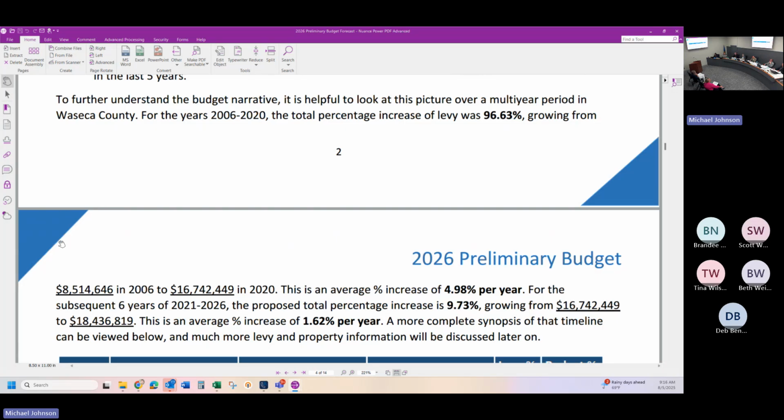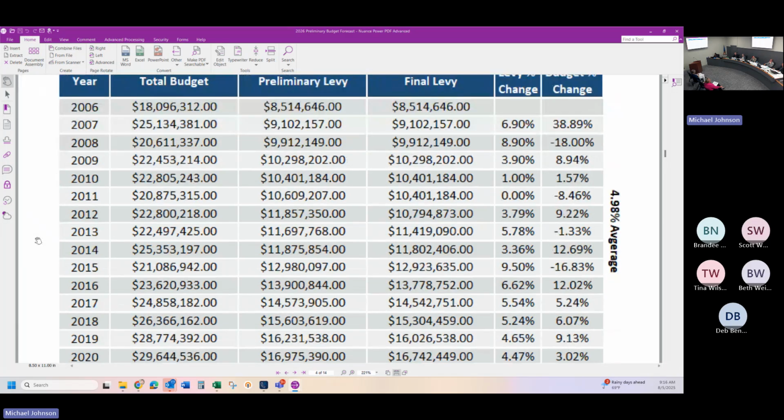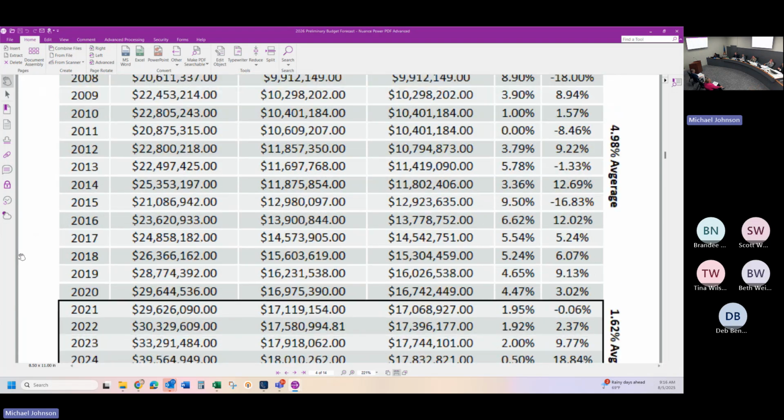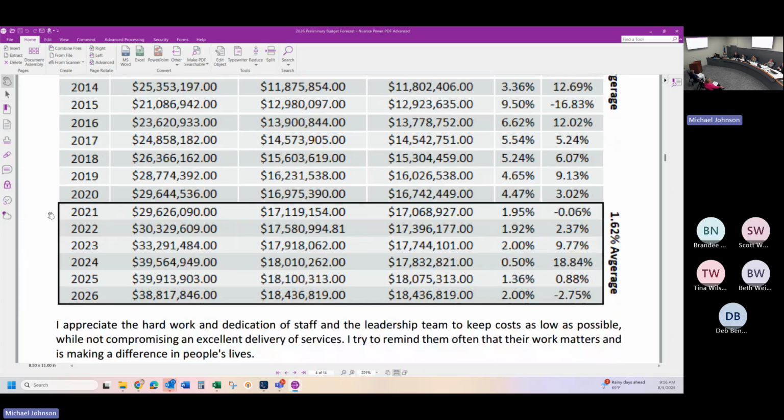And then looking at some of the preliminary budget information, levy information of how this is all made up. You should have some charts in front of you that capture a little more than 20 years of information of where the budget and levy have gone. And just highlighting again the good work that's been done by you folks over the last 6 years, with only a 1.62% average levy increase over the last 6 years, which assumes a 2% increase for 2026, which is what this forecast is based upon as well.